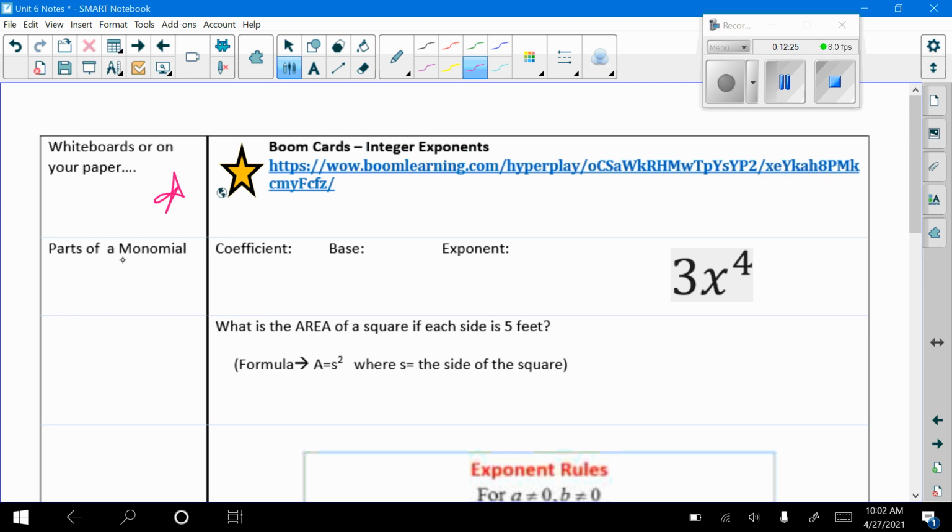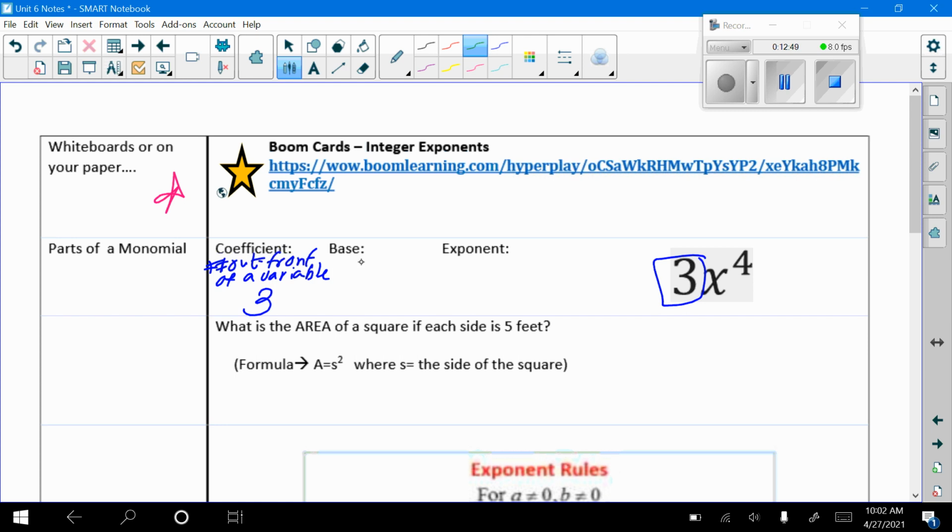So, parts of a monomial. We're going to start with parts of a monomial. The coefficient is the number out front of a variable. So in this case, it's the 3.